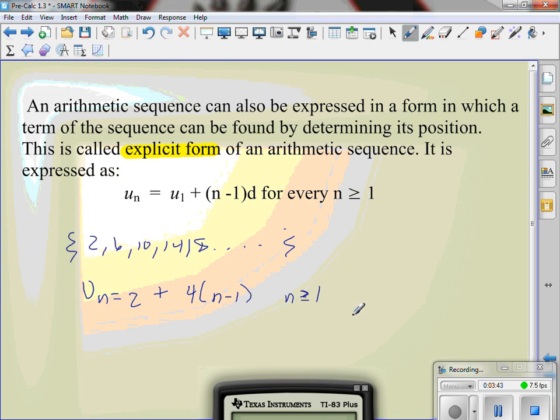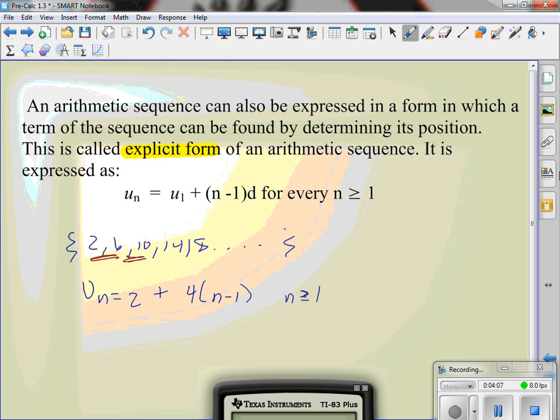Where did I get 4 from? 6 minus 2, 4. 10 minus 6, 4. Every single term should be 4. That is written in explicit form. Where did the 2 come from? It's the first term. That's it.